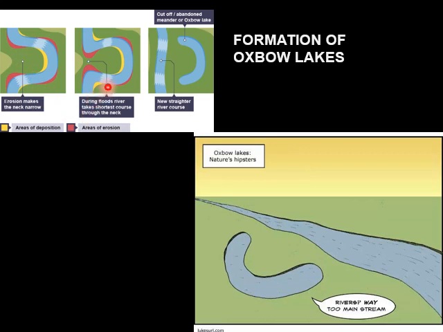During floods, the river takes its shorter course through the neck, and then a new, straighter river course is established. The cut-off or abandoned meander forms an oxbow lake.